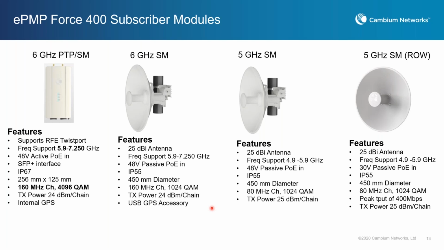Okay, so OFDMA is an exciting feature of the 11AX that we have. The high-level idea of OFDMA and how we're going to leverage it in ePMP is to use so-called resource units. Basically, we will split the spectrum. For example, you're using a 40 megahertz channel. Then we can split it into multiple sub-channels, called resource units.